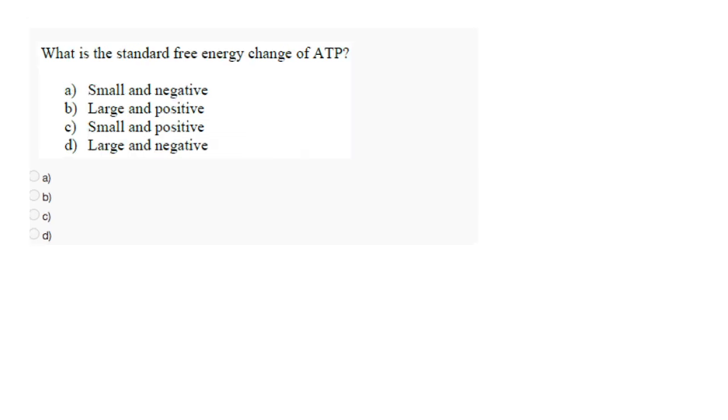What is the standard free energy change of ATP hydrolysis? Small and negative, large and negative, small and positive, or large and positive? The standard free energy change of ATP is large and negative, so option D is correct.